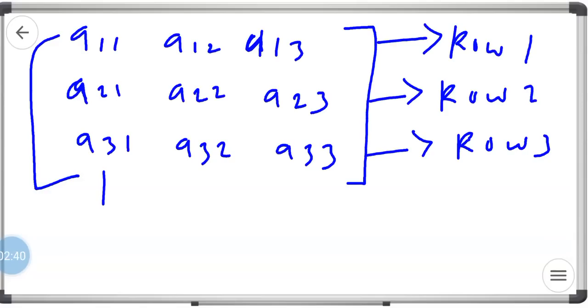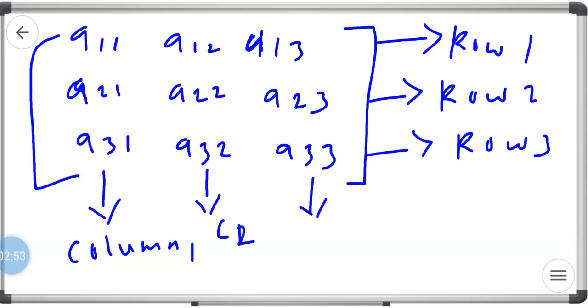And here we have column 1, and here column 2, and here column 3. I'll just use C3. So this side we have row 1, row 2, row 3, and here we have column 1, column 2, and column 3.